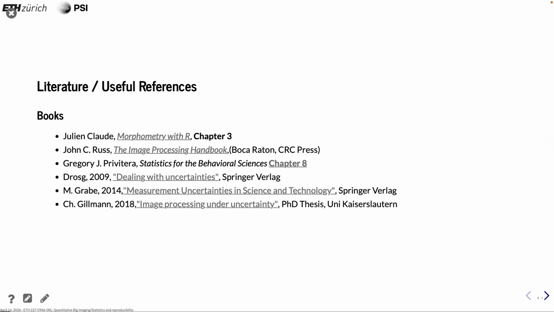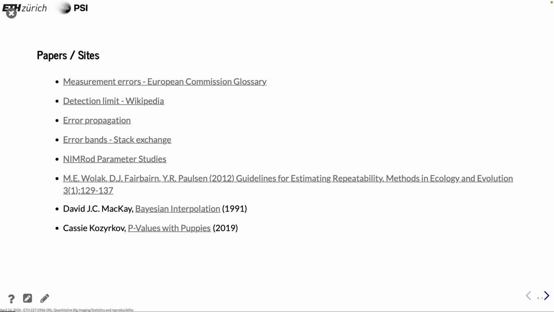It's a PhD thesis, where I tried to use the uncertainty in the image processing workflow and even develop extra algorithms for handling the uncertainties. Then also a bunch of papers or websites on different parts of the error propagation, detection limits, etc.